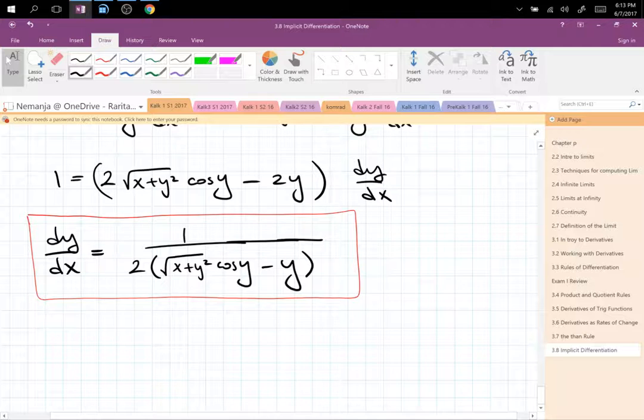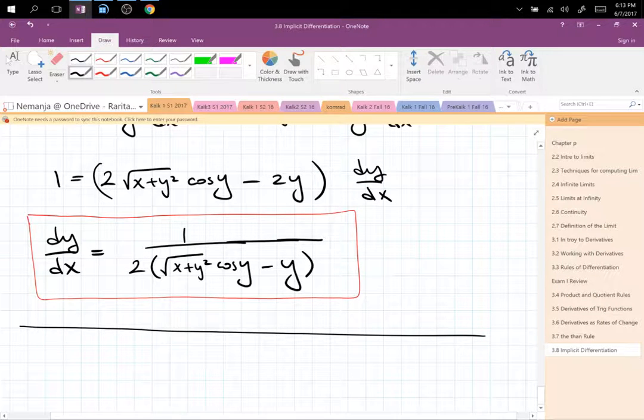Here are some of the problems that are not implicit differentiation, but you can do them with the chain rule.